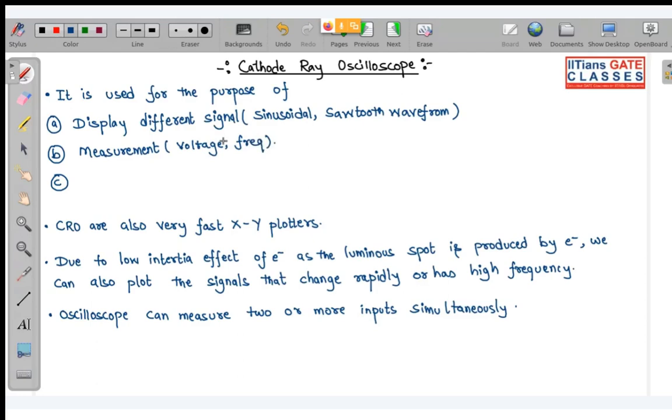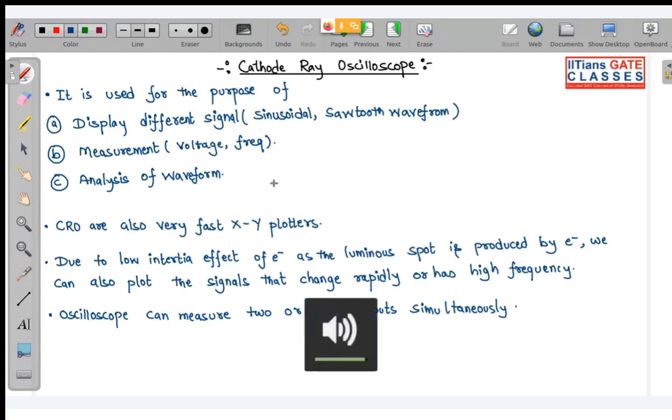Next, what can we do? Analysis of waveform also. How are we going to see? Basically we can compare one signal with another signal. So that is basically the analysis of waveform. That also we can do.